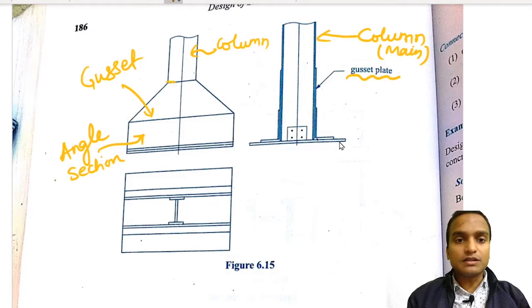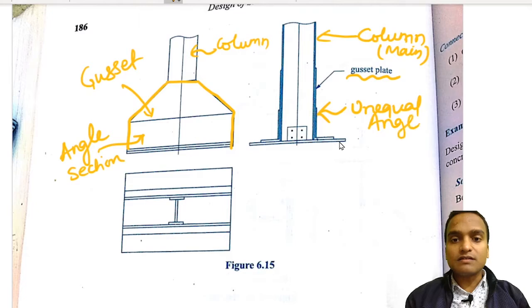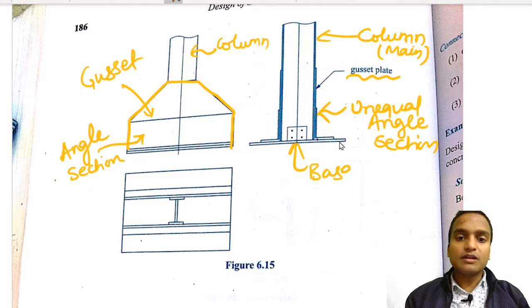Gusset plate is increasing the width of the column to this much value, alright, and this gusset plate is finally welded with an unequal angle section, and this angle section is finally connecting this column with the base plate, okay. So the base is here, and cleat angles are also used here, and you can see these are the cleat angles.